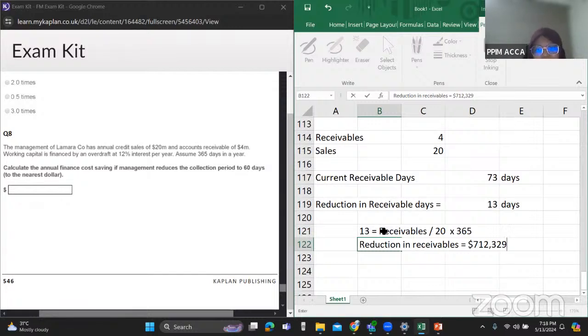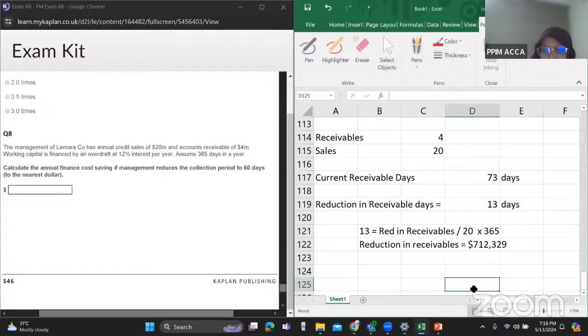So if you want, instead of putting receivables here, you can put it as reduction in receivables. Okay, so if reduction in receivables has happened, what that means is 712,329 worth of your receivables you get beforehand itself, you get early.